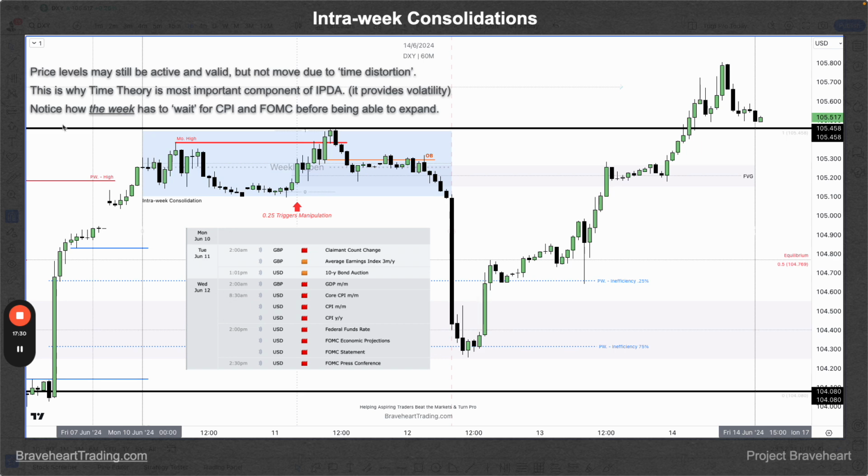And notice how this week price has to wait for CPI and FOMC before being able to expand. So notice how here the most important news events for the week were basically CPI and FOMC. So the days that trade before that, smart money is normally waiting and saying they're not going to be doing anything beforehand. But also a retail trader, some of them are professional and they won't trade before that as well.